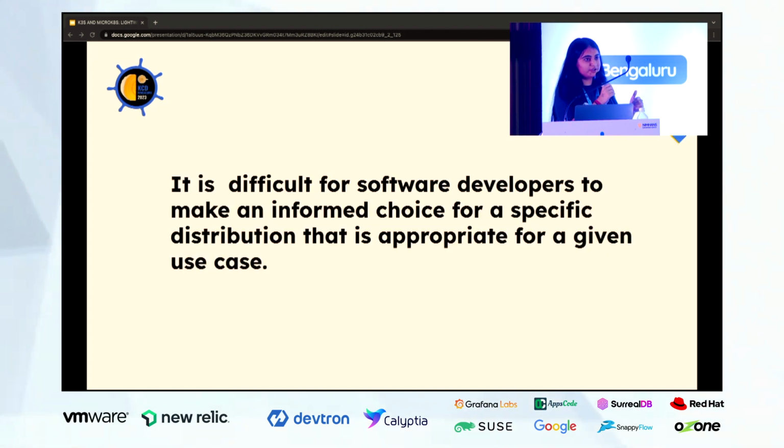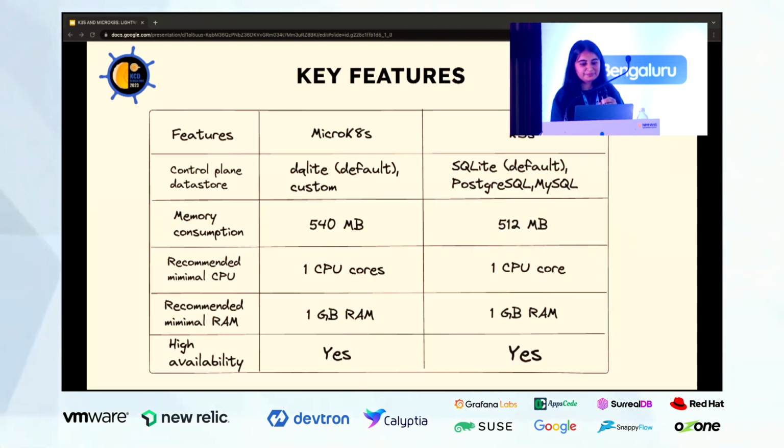Obviously, it is very difficult for software developers to make an informed choice for a specific distribution that is appropriate for a given use case. So in the coming slide, we are going to discuss some key features. I hope these key features will help you decide which is best, but it totally depends on you.